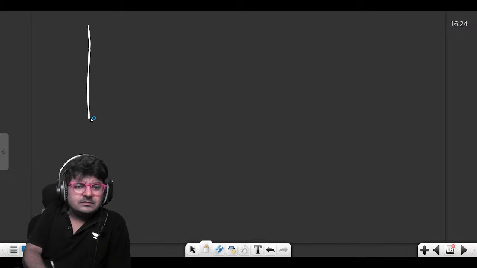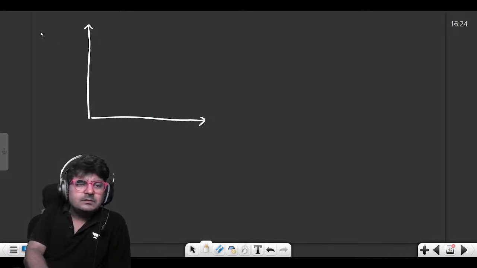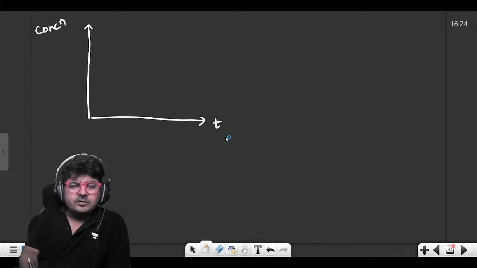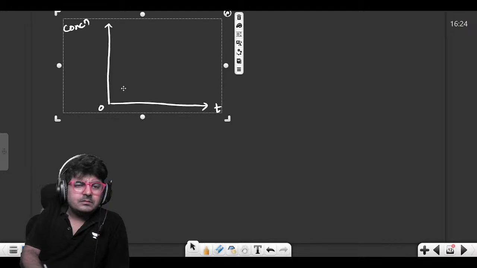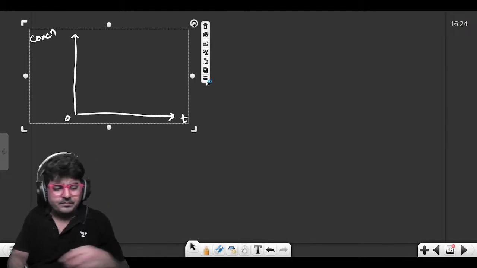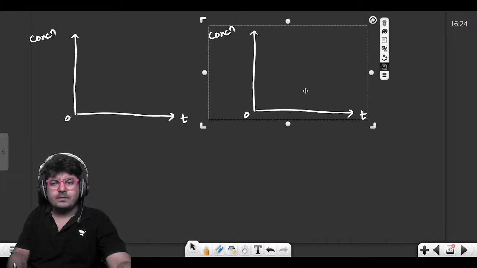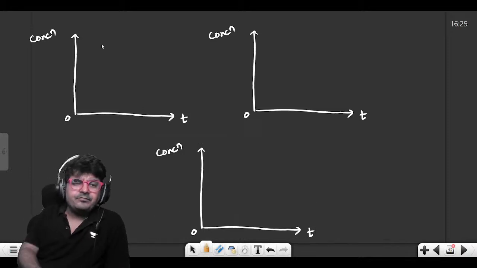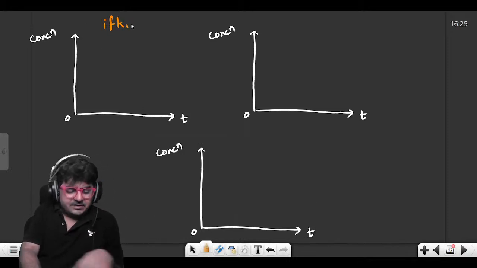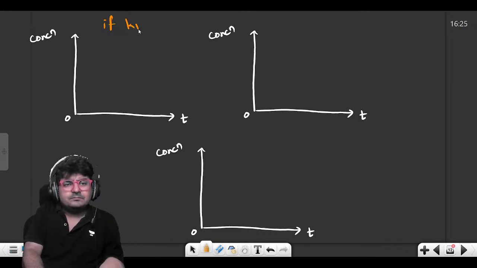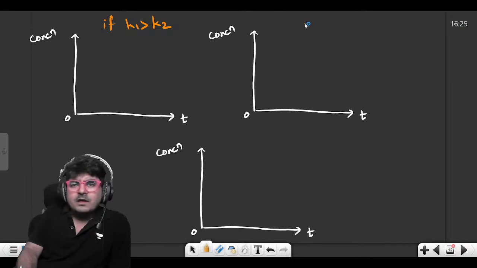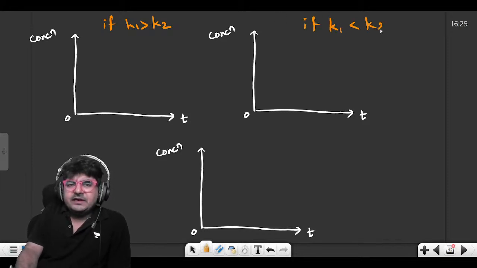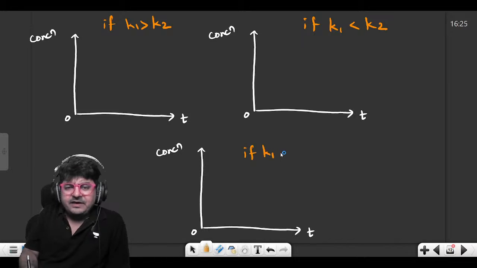See, if you draw the graph between concentration versus time, see if K1 is greater than K2, another case would be like K1 is less than K2, and there would be a case if K1 is equal to K2.